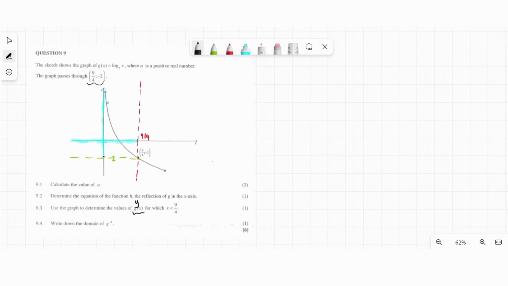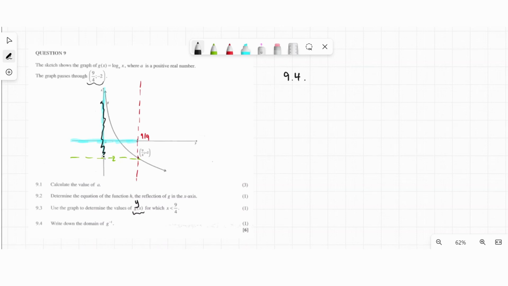So your answer is, this is 9.3, it's from here going up, right? So it's this part. So y is an element between -2 till positive infinity. And you're done with this answer.